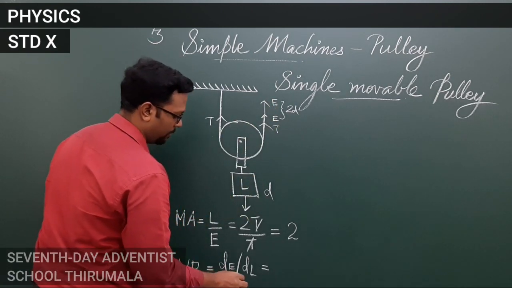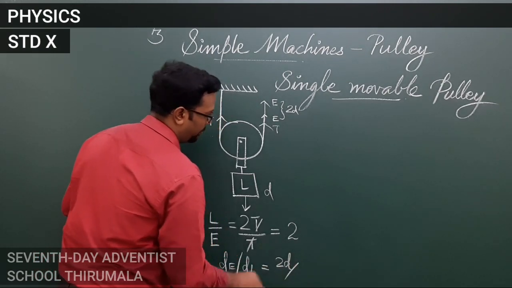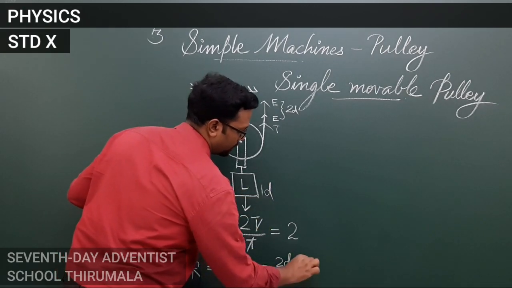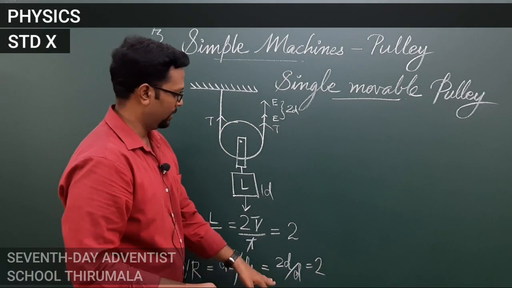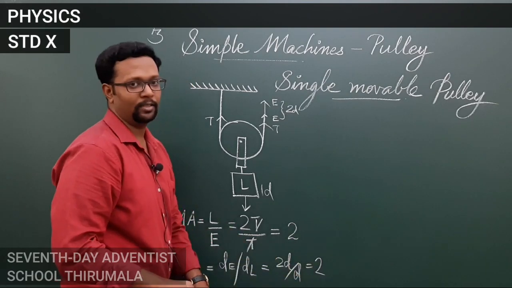So distance travelled by effort will be 2d divided by distance travelled by load, d, which is equal to 2. So again we get mechanical advantage as 2 and velocity ratio as 2.